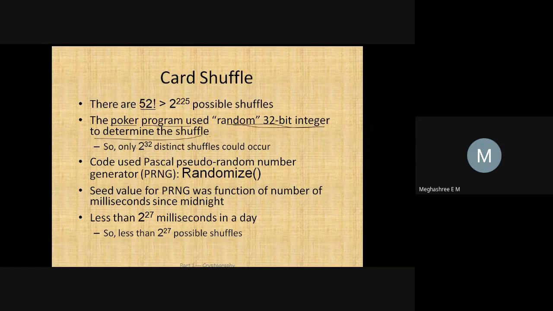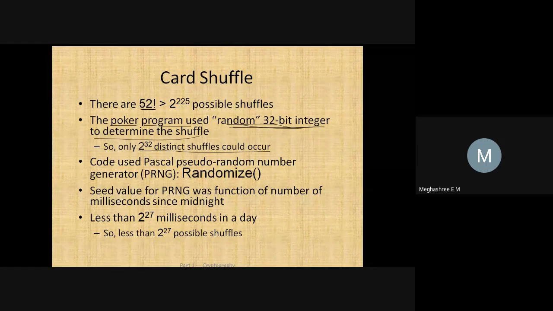So obviously, if this many bit integer is used, then how many shuffles can occur here? Obviously, 2 power of 32 distinct shuffles could occur, since they are using this bit integer for the random number generation.